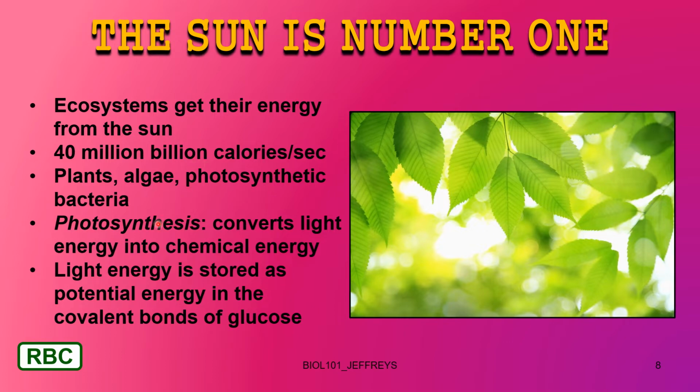Synthesis, we're synthesizing something using photo, which pertains to light. So photosynthesis converts light energy from the sun into chemical energy. And light energy is stored as potential energy in the covalent bonds of glucose. And we'll see that process, especially as we get into cellular respiration.